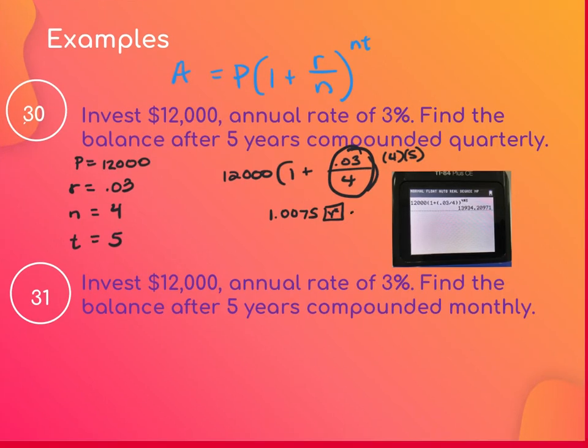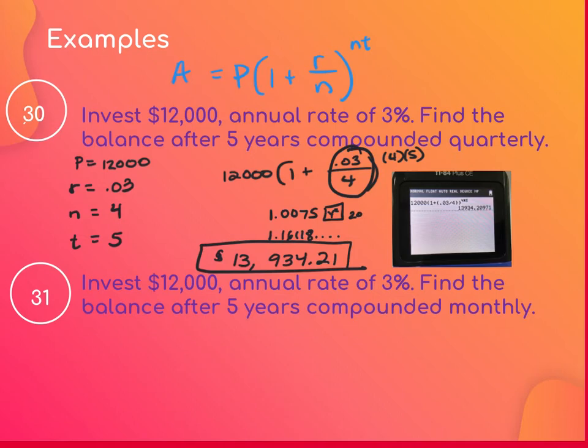And I get 1.16118, and so on and so forth. And then I have to multiply that by 12,000. And I get $13,934.21. So this is money, which means it will always get rounded to the second decimal place.